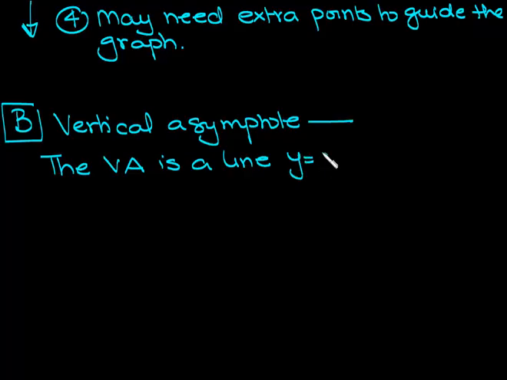The vertical asymptote is a line y is equal to a, I'm sorry, x is equal to a. Actually, let me write it differently.